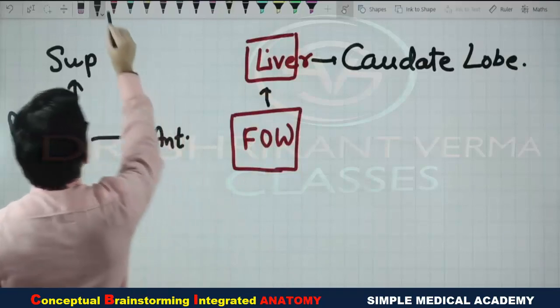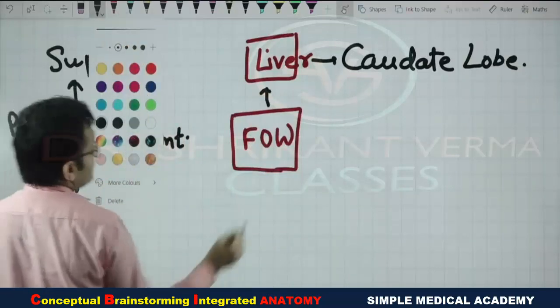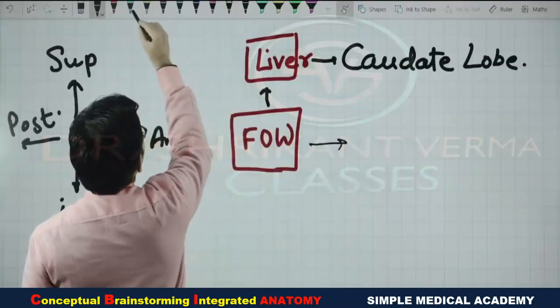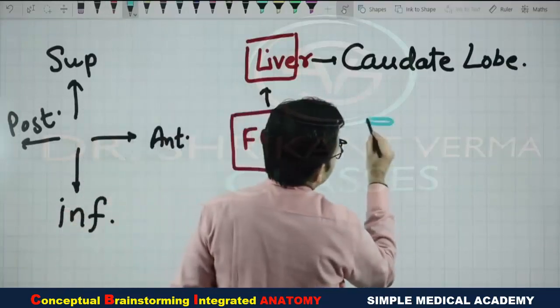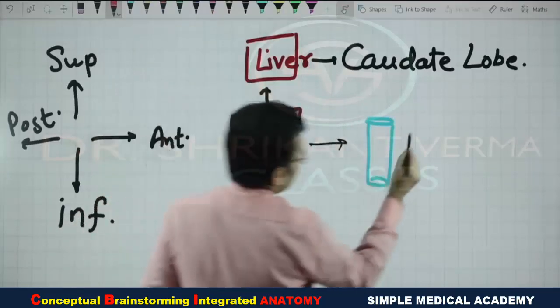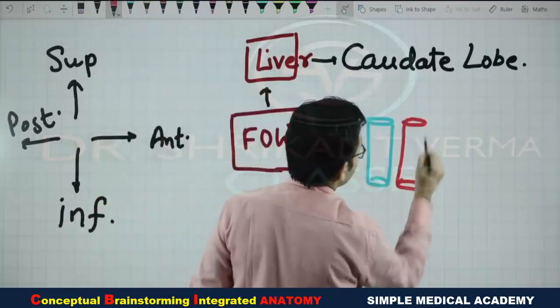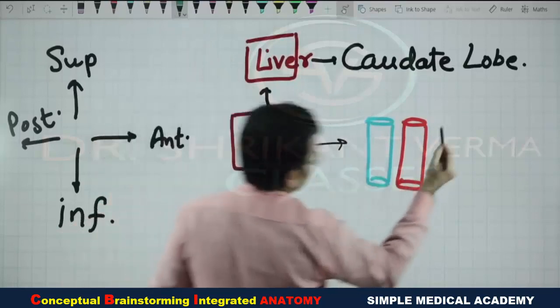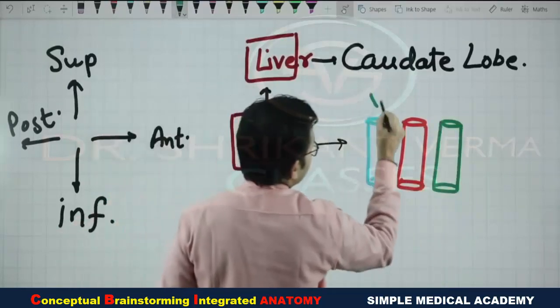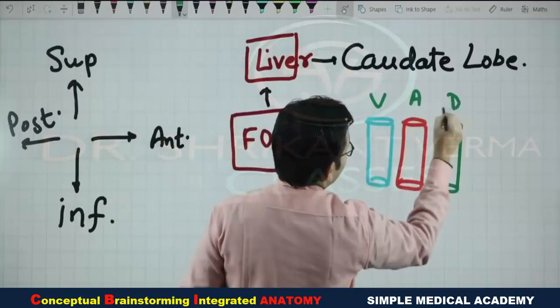What are the structures forming the anterior boundary? In the diagrammatic presentation: vein, artery and duct. Which vein? Portal vein. Which artery? Hepatic artery. And which duct? Your answer is the bile duct. So these are the structures forming the anterior boundary: vein, artery, duct.